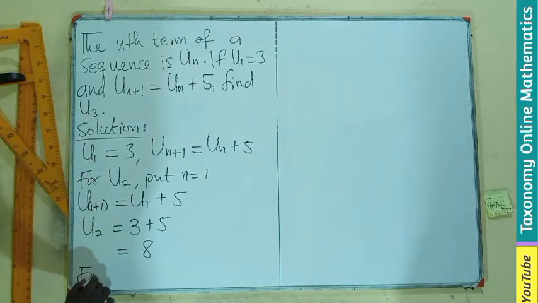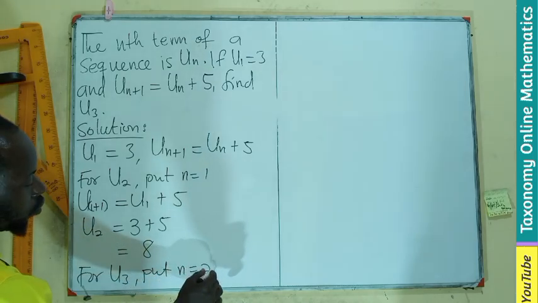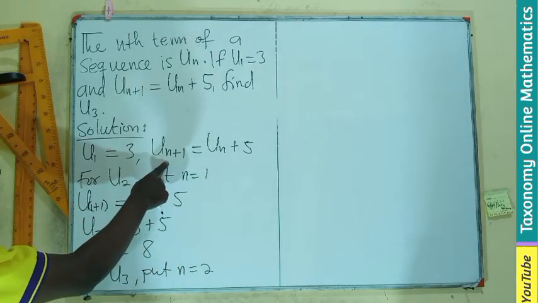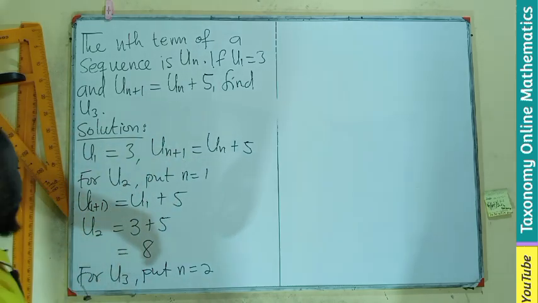So for the third term, we also put our n equals 2. Remember, we are still at this place. So n, which is 2, plus 1, makes 3.